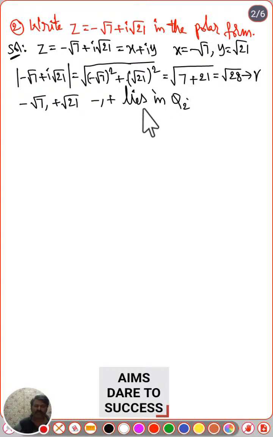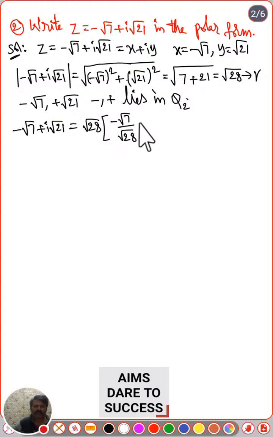Okay, second quadrant related value you will continue. Now the given value is minus root 7 plus i root 21, equal to multiplying and dividing by this value, that is root 28, into minus root 7 by root 28 plus i into root 21 by root 28.